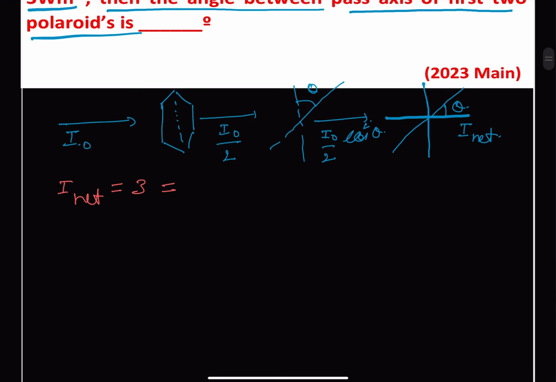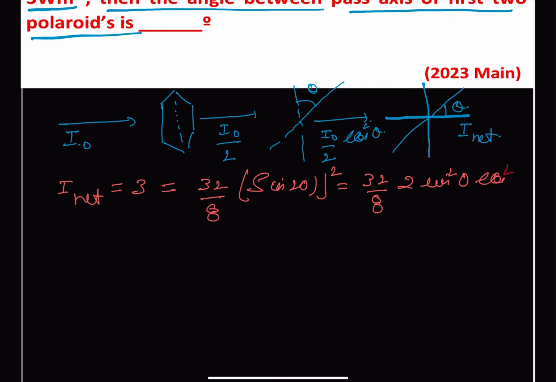So this can be written as 32 divided by 2, times cos squared theta, times sine of 2 theta, whole squared, which can be written as 32 by 8, my mistake, not 2 but 8, times 2 sine squared theta cos squared theta.